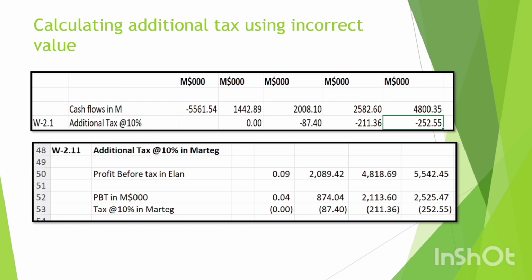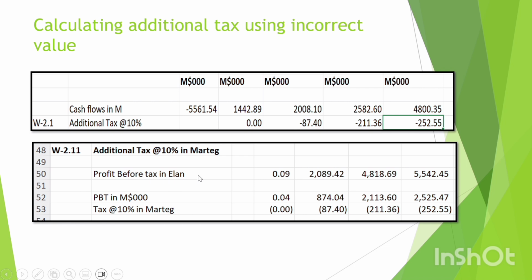But please make sure that you are calculating the additional tax on the profit before tax, on which you have calculated the tax in the foreign country. So for example, you can see in the first example, the cash flow that we have remitted is here, 55161442. And in the second screenshot, we have calculated the tax on the profit before tax, so not on a cash flow.